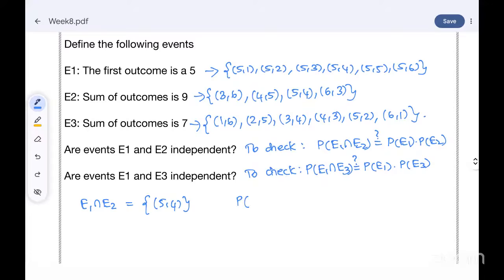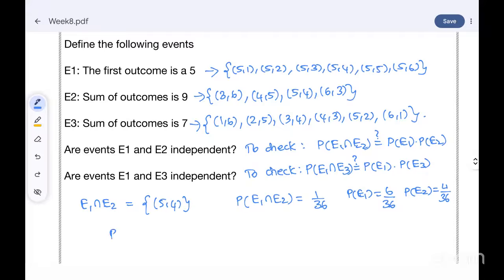So what is the probability of E1 intersection E2? 1 by 36. What is the probability of E1? 6 by 36. What is the probability of E2? 4 by 36.